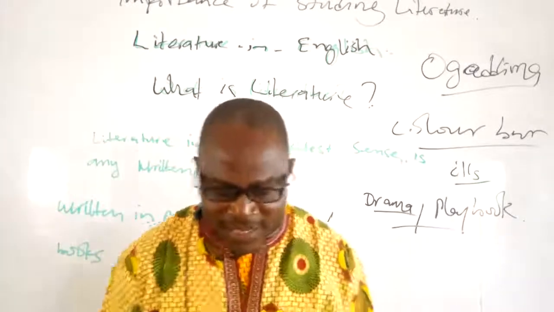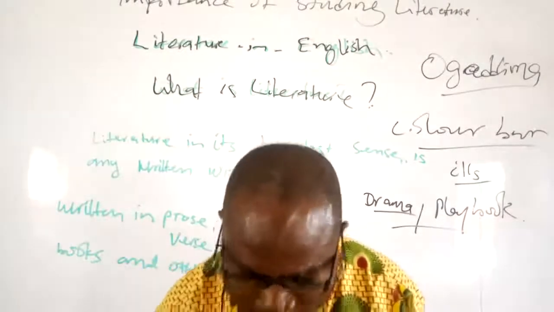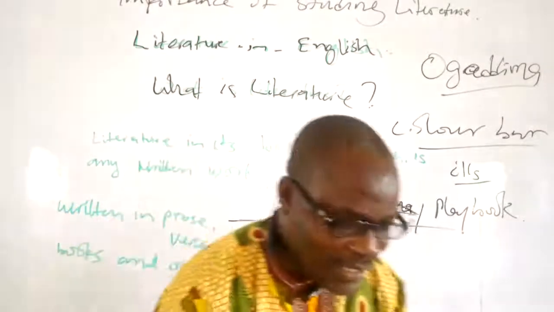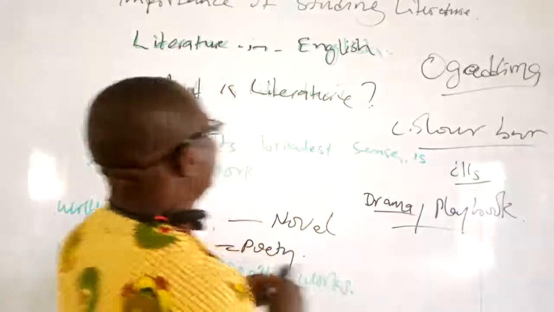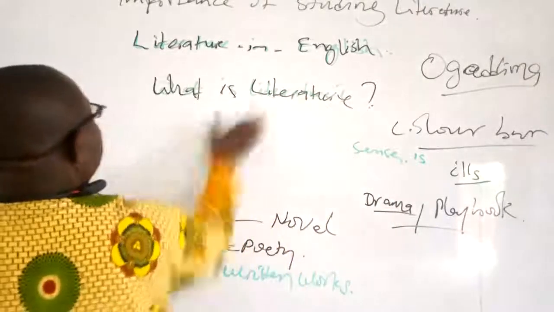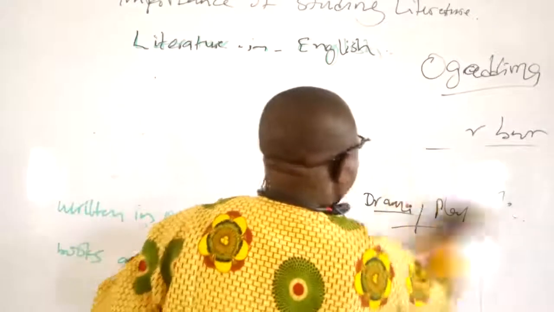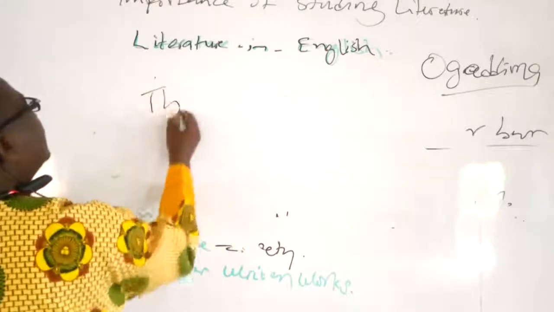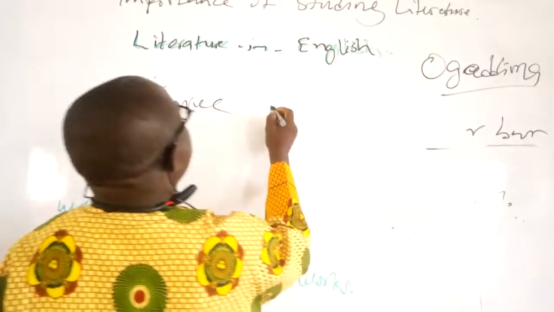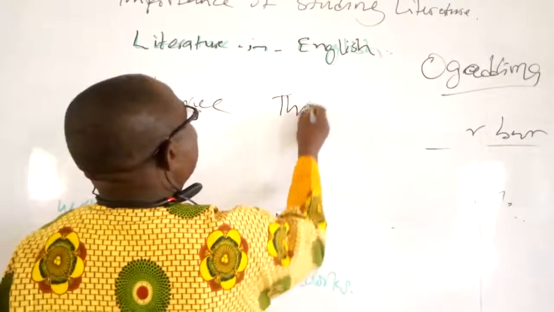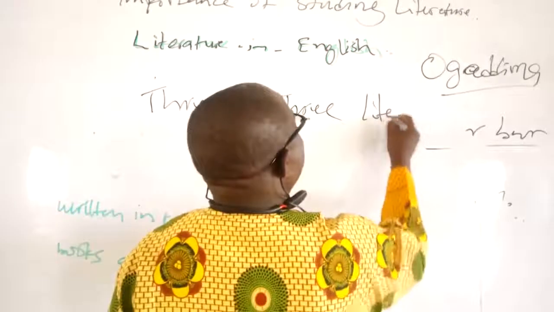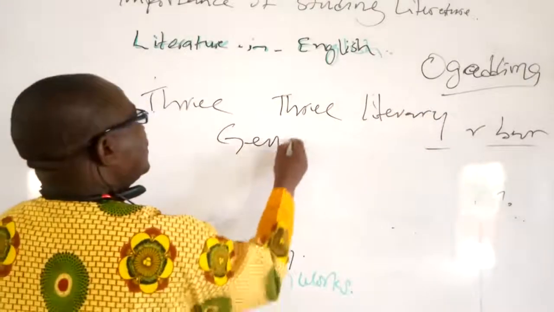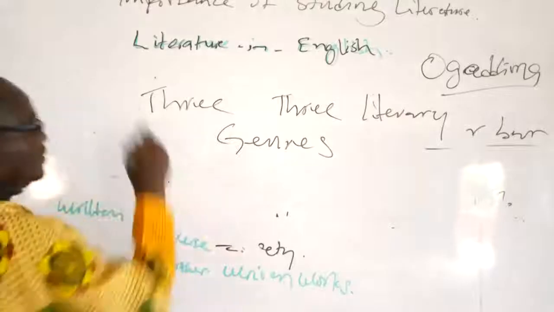Now again, before we close this chapter, I want to tell us that literature can be divided into three literary genres. One, we talk about prose.